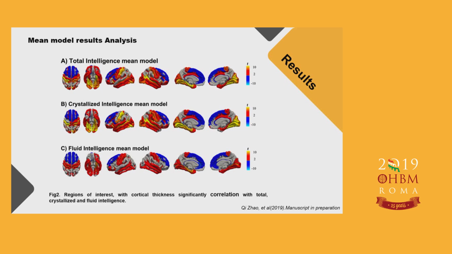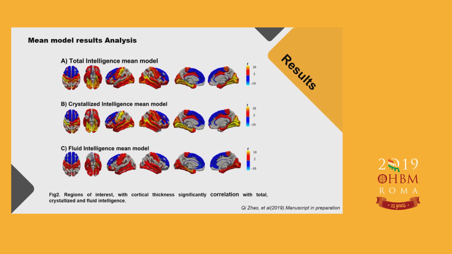Occipital regions, especially the calcarine and middle occipital, temporal and lingual sulcus, and parahippocampal gyrus are significantly positively associated with crystallized intelligence.